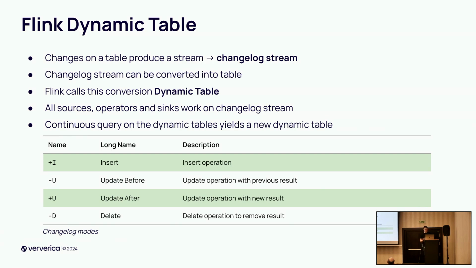And if you do updates, it will be indicated by two modes, update before and update after. Update before provides the previous result, but update after will have the new result of the update operation. And of course, the delete operation, which is indicated by -D.